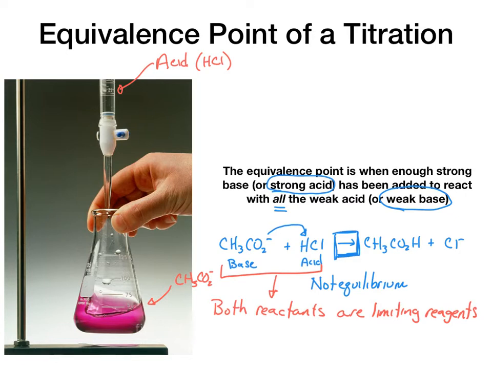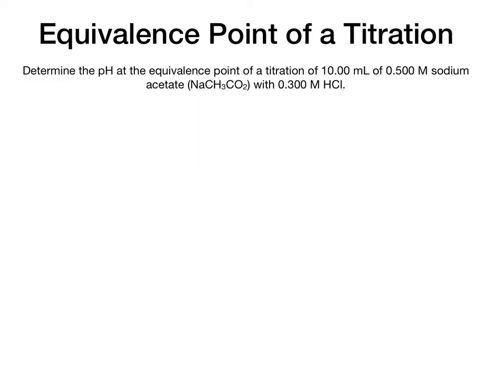So one thing that we can predict about the equivalence point is the pH. And so in this example, we want to determine the pH at the equivalence point of a titration of 10 milliliters of 0.5 molar sodium acetate with 0.3 molar HCl.